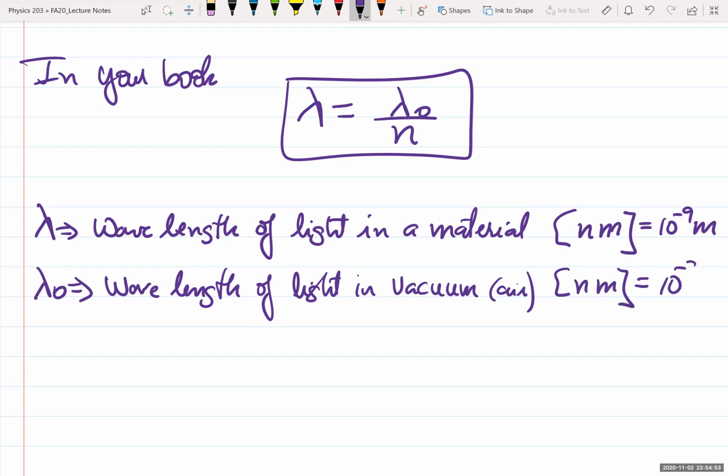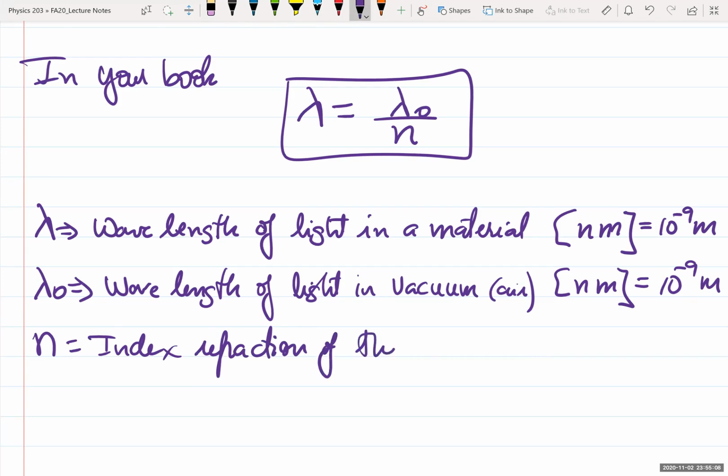And of course, n is the index of refraction of the material. Remember that n is greater than 1. It equals 1 when you're in air, but it's greater than 1 when you are in another medium.